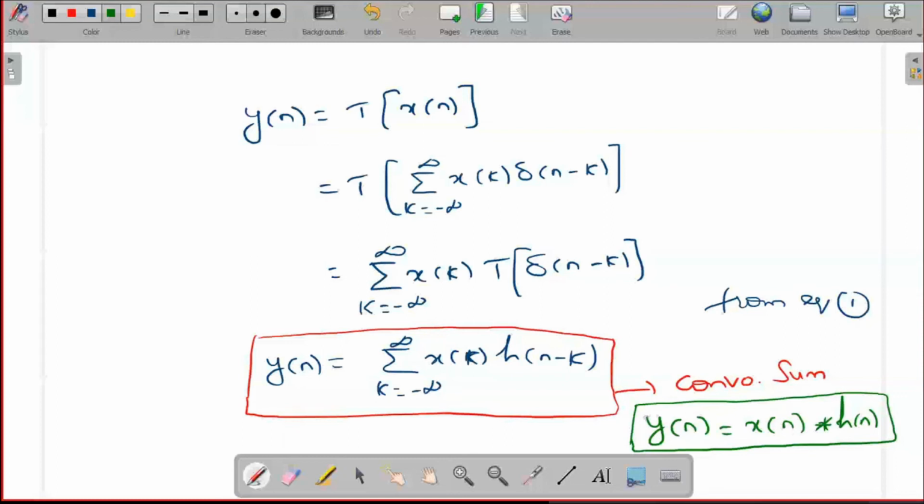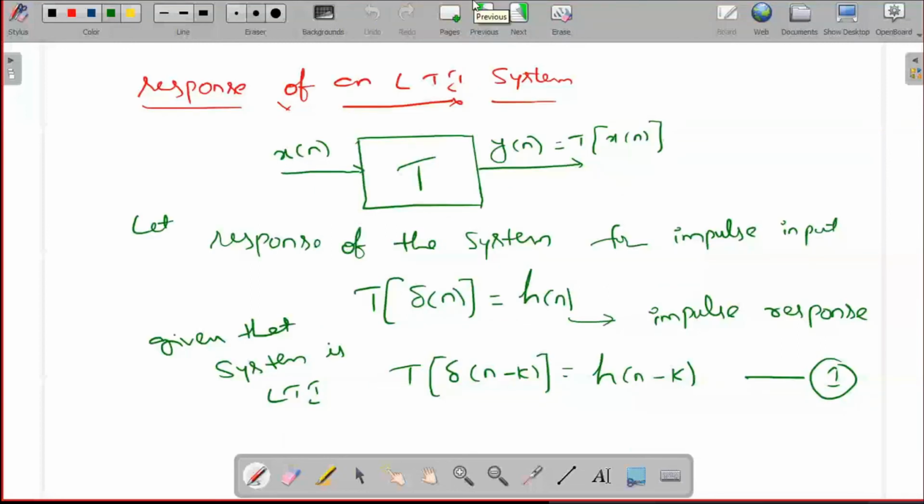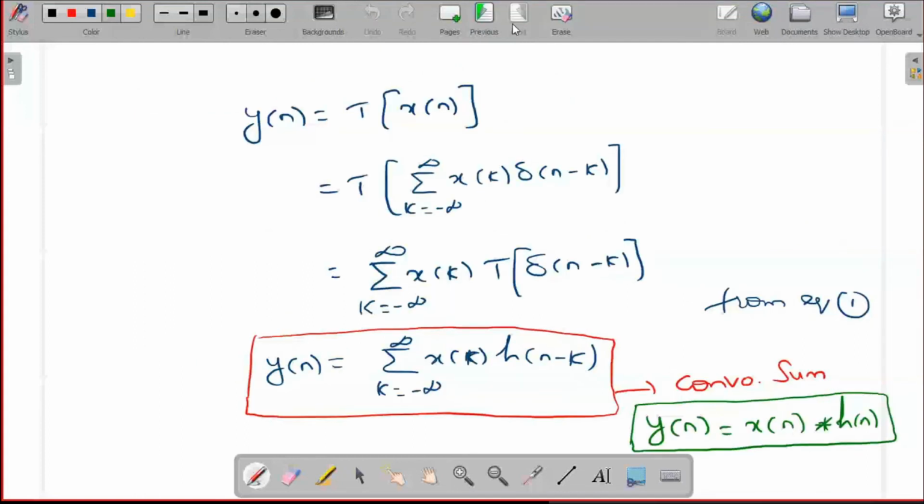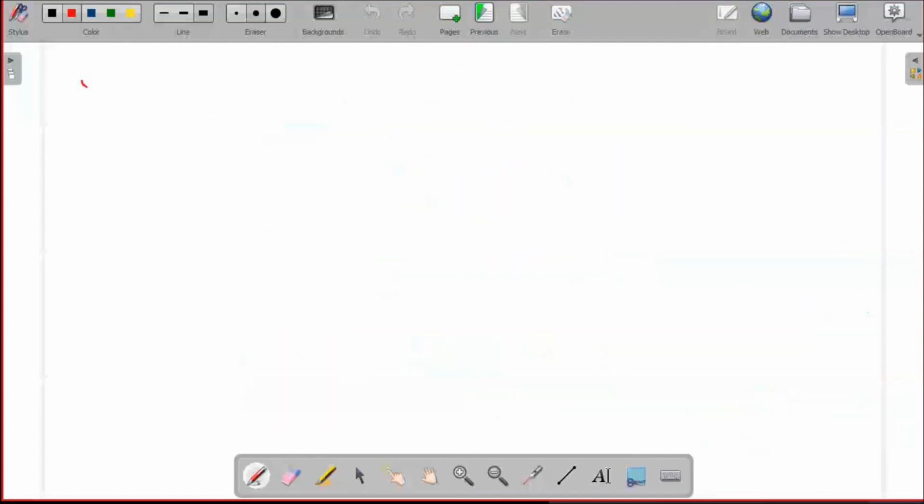Now we'll see the last two categories. We'll try to finish very soon. The last category of the system, the fifth one, is FIR and IIR systems.